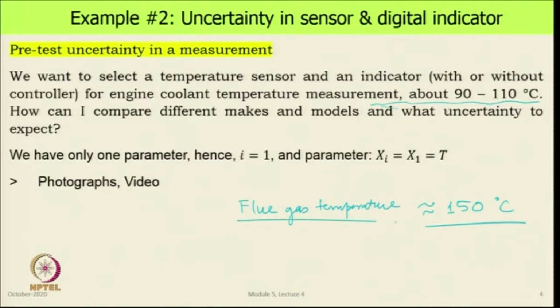So, this is the application. It could be in general anything where the fluid temperature is about 150 degrees Celsius, in that range. And this range matters because, as we shall see, the uncertainty will change depending on the temperature being measured, even if it is the same instrument.